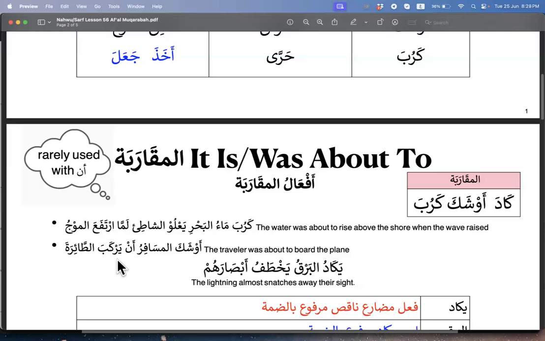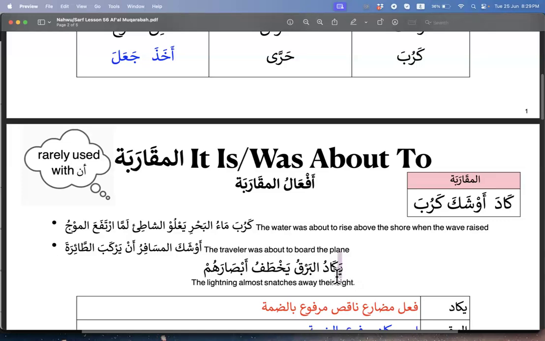Khabar of kana is rafa or nasab? Nasab, exactly, the same as kana. Marfu and then mansub. So sometimes here we have a jumlah as the khabar of karuba, and here we have a masdar mu'awwal as the khabar of awshaka. This one is in the Quran.